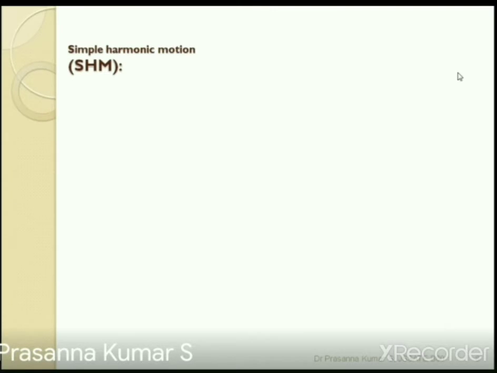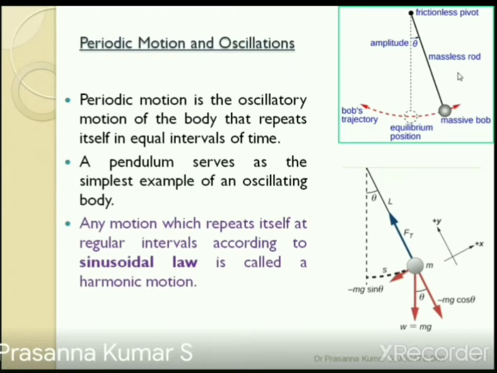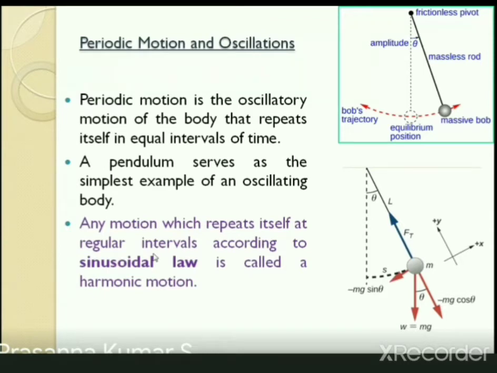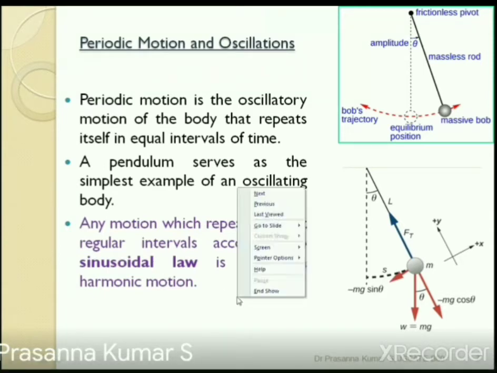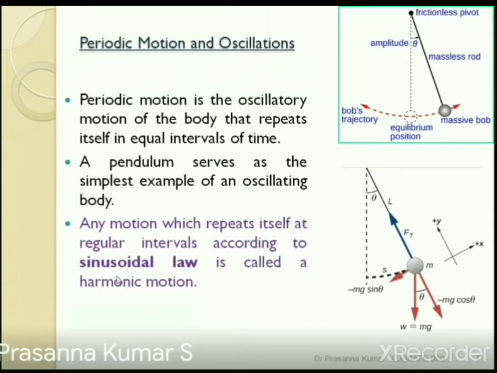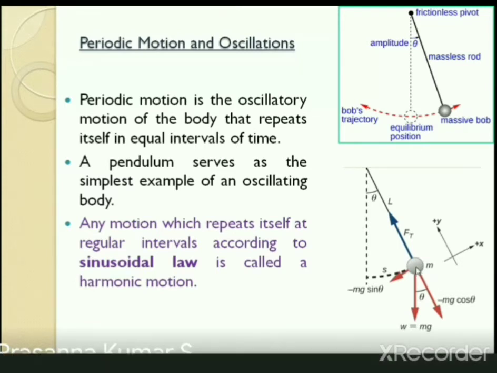So you have seen that the pendulum swings in to and fro motion about a fixed point, and that obeys the sinusoidal law. I'll come to this diagram after some time. Here you see that this is the pendulum, and it is swinging.